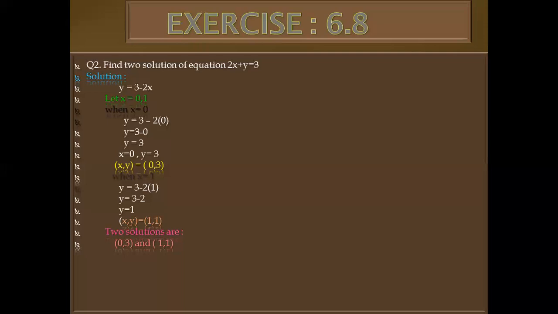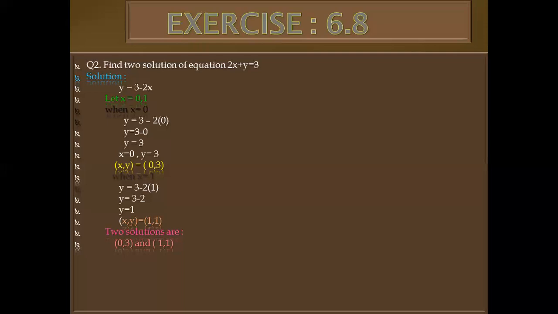Now instead of x, I put here 1. Y is equal to 3 minus 2 into 1. 3 minus 2 is 1. Again, I told you, we always write the values of x and y within round brackets. These are called parentheses, and this is called an ordered pair. X, y is called an ordered pair.